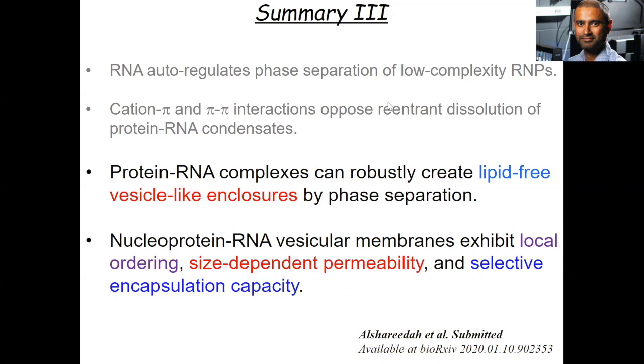So we do see that under disproportional mixture composition, the interior and the surface of these droplets are not the same. And we have studied that using MD as well as some microscopy techniques to clearly show that the excess RNA is on the surface, and that changes things quite a bit.